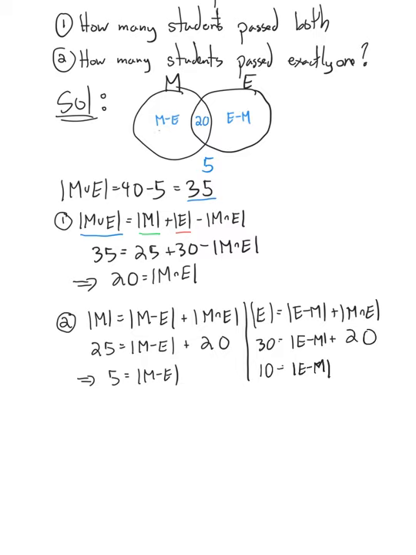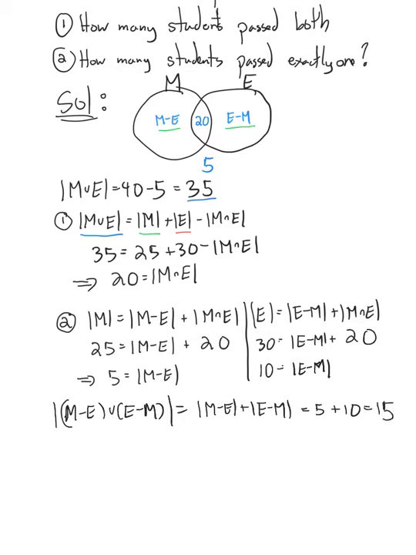So they're either in M minus E or E minus M. They're disjoint sets, so that's easy to calculate. We're looking for the cardinality of M minus E union E minus M, which is, by the additive principle, the cardinality of M minus E plus the cardinality of E minus M, which is 5 plus 10, which is 15.